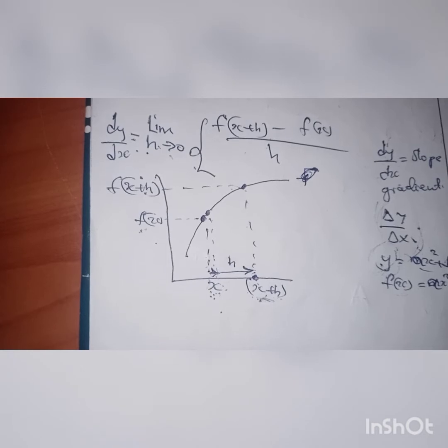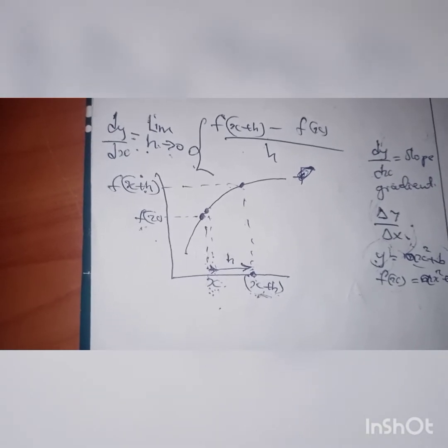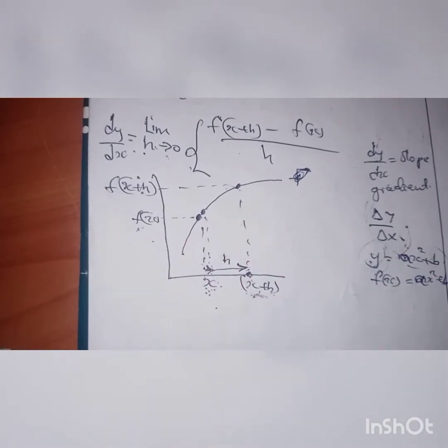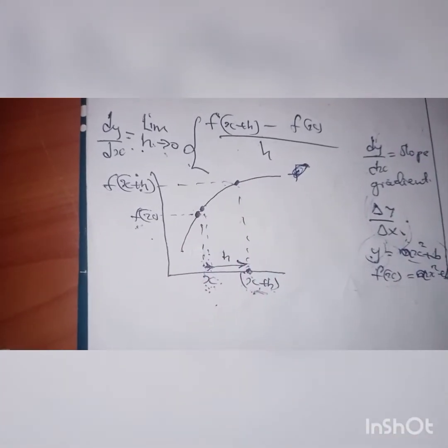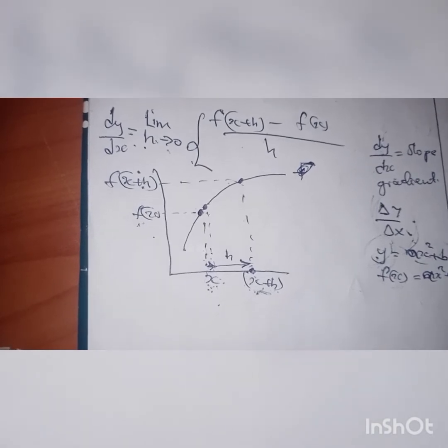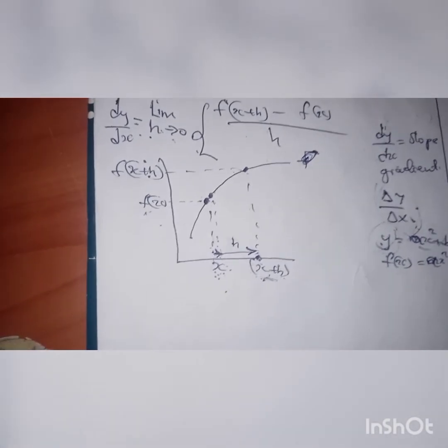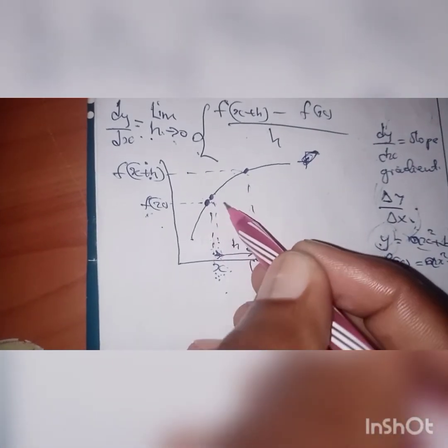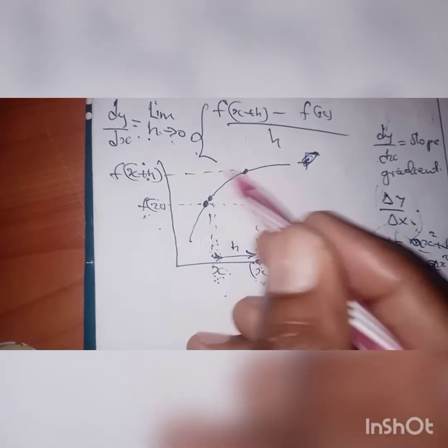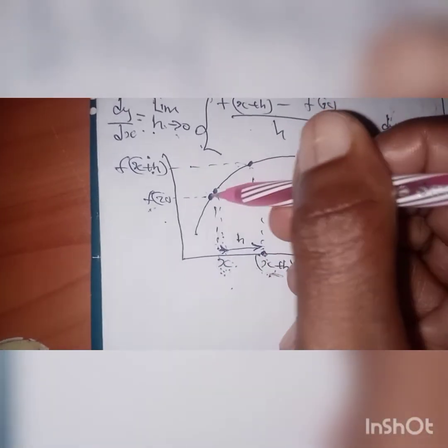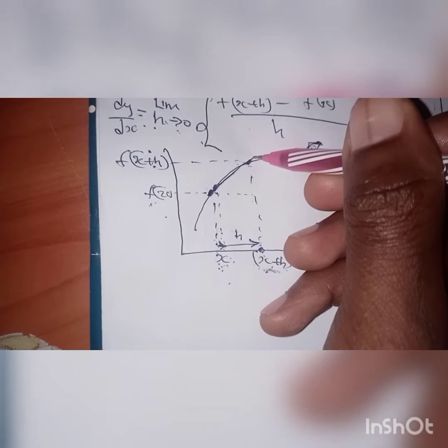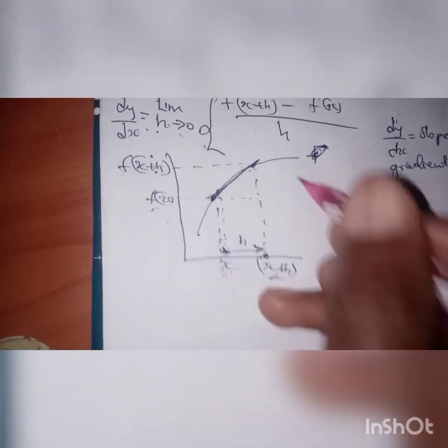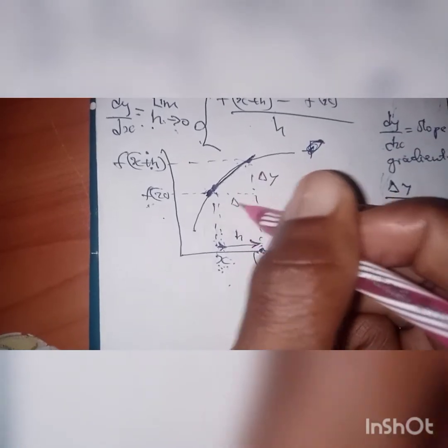Now, we have 2 points. We know that to find a gradient, we have to look for 2 points. If you have the coordinates of 2 points, it is simple to determine the gradient of any line. So the gradient of a line touching the 2 points can be determined by change in y all over the change in x.